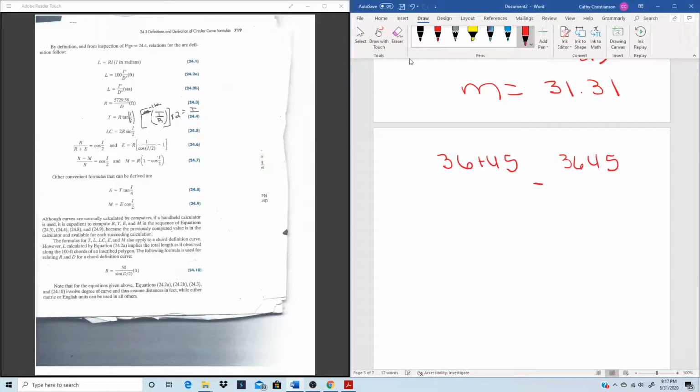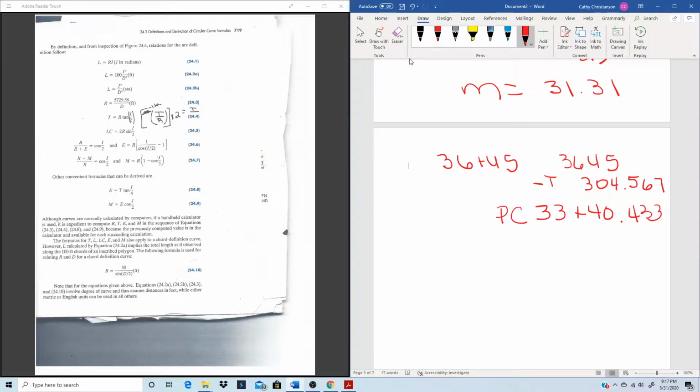You subtract your T, and our T is 304.567. So I'm going to subtract T, and that gives me 33 plus 40.433. That is my PC.